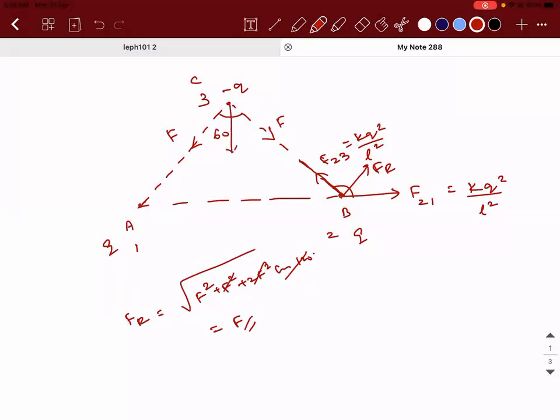Resultant, root of f square plus 2f square cos 60. How much will it be? So it will be root 3f. If you want, you can calculate and see it will be root 3f. Is that clear to everyone? So this is a good problem.